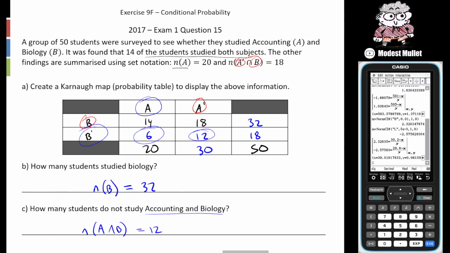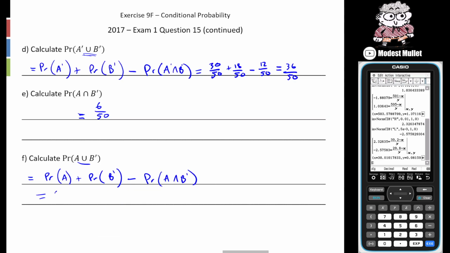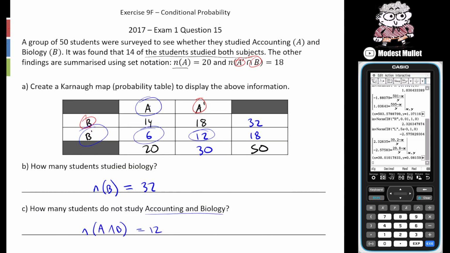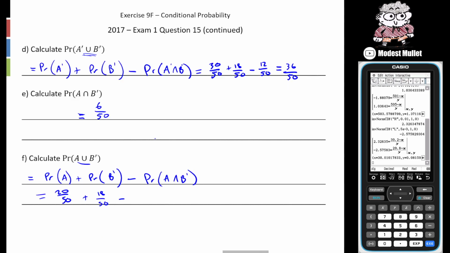Probability of A is 20 out of 50, plus probability of B dash, we know from a previous question was 18 out of 50, take away A intersect B dash, 6 out of 50. 20 plus 18 is 38, take away 6, so that's going to be 32 out of 50.